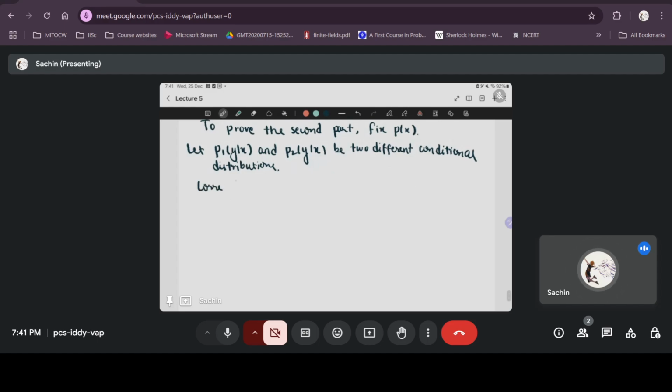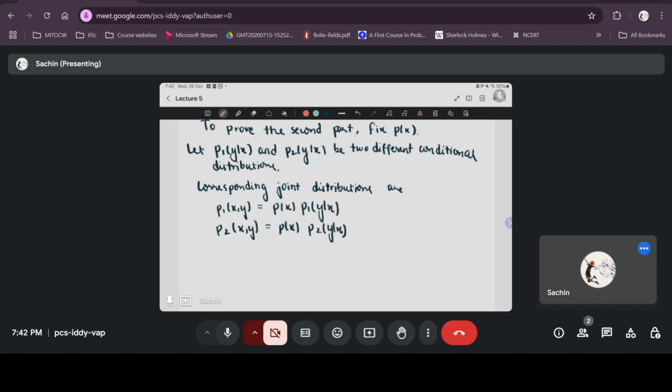Corresponding joint distributions are p1 of x comma y, which is equal to p of x times p1 of y given x, and p2 of x comma y is p of x times p2 of y given x.